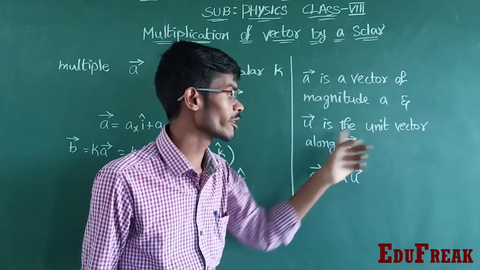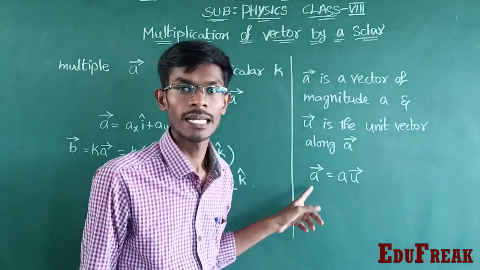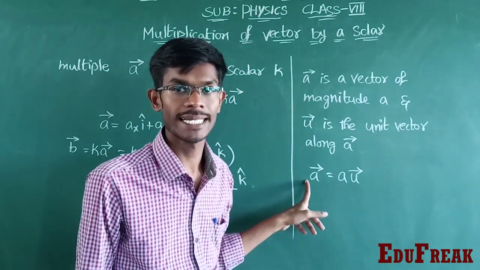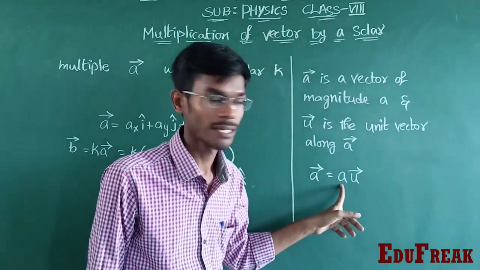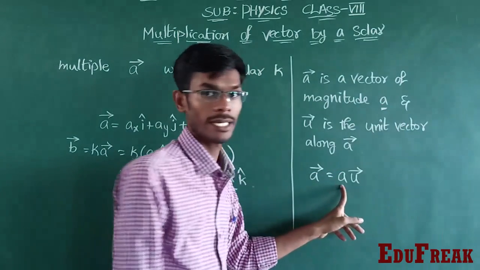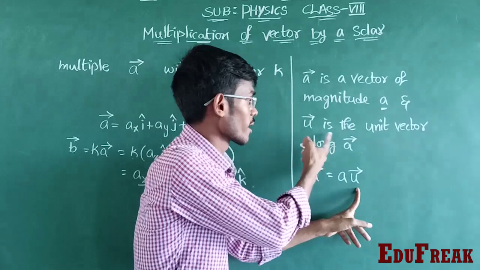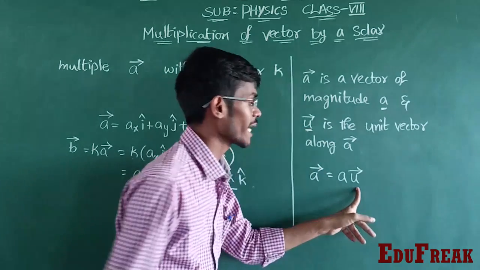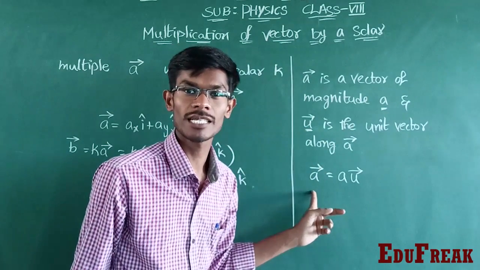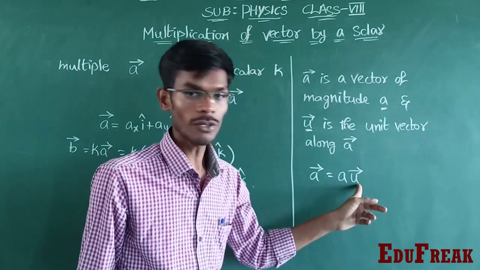U bar is the unit vector along a bar. Then we represent a bar vector as the magnitude a, and the direction with a unit vector, here given as u bar. So a bar is equal to a into u bar.